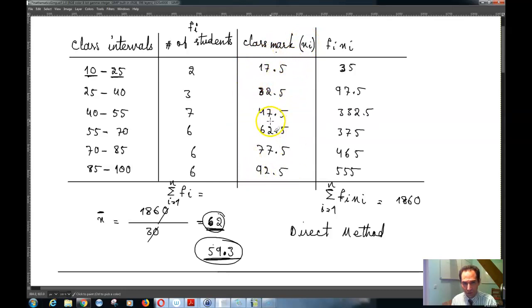What you can do is pick one of these x of i's as your assumed mean, and then take that and subtract that assumed mean from every one of your x of i's.